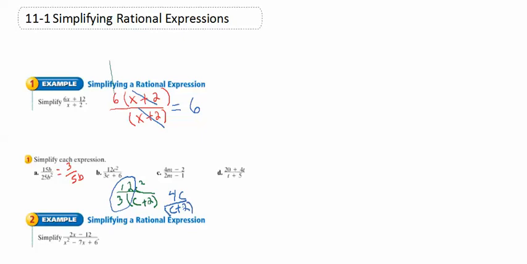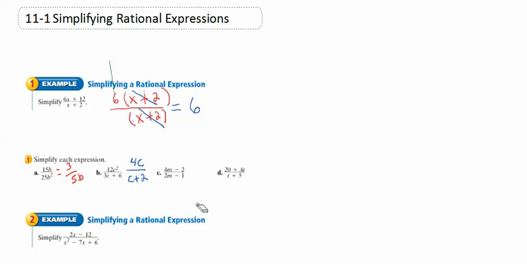It cannot be separated. The only way we can separate that is if we could cancel a c plus 2, and we can't. So my answer is 4c over c plus 2. That's my answer for that one.